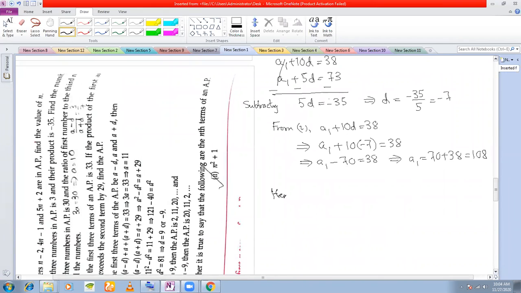Hence A31 is equal to A1 plus 31 minus 1 into D, which is A1 plus 30D, which is, A1 is 108 and 30, D is minus 7. So this is 108 minus 210, which is minus 98, right?